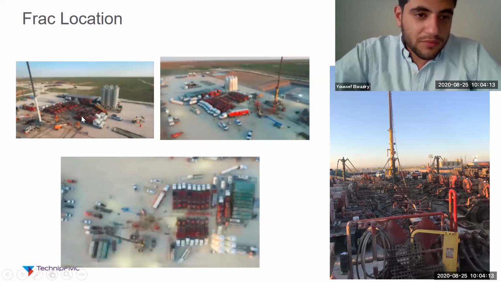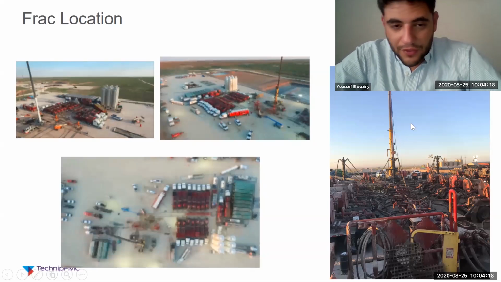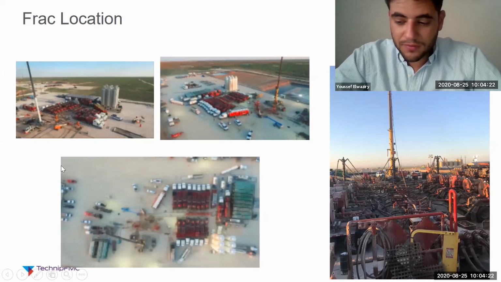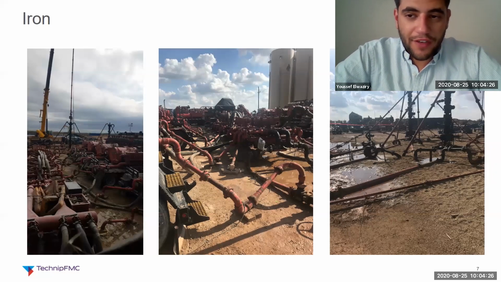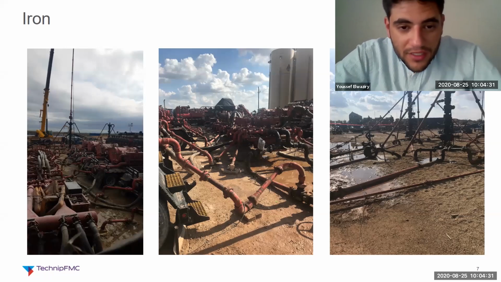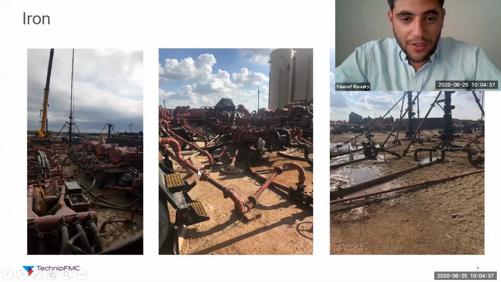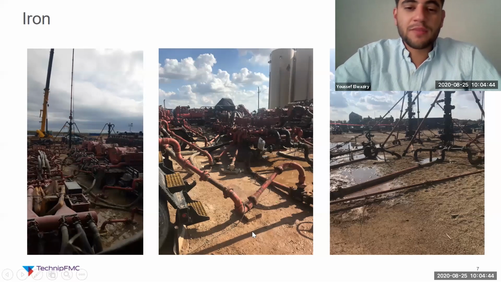So I'm just taking here some different pictures of a frac location. As I said, you might see different layouts. What connects all the frac equipment is iron. I'm talking about these pieces of iron or joints and swivels that help us change directions.